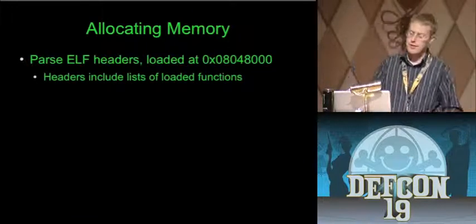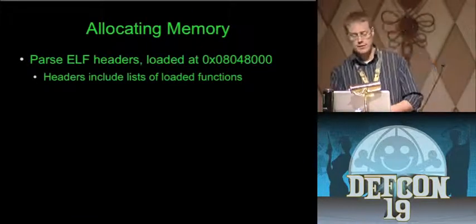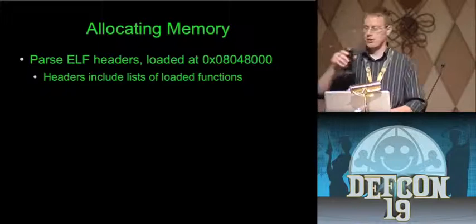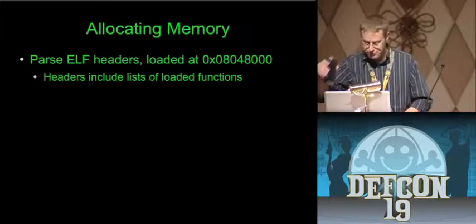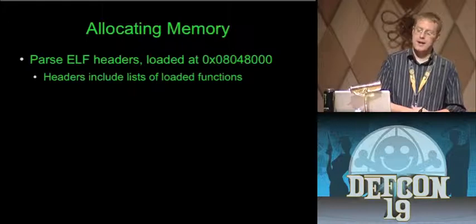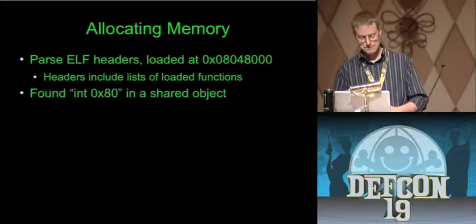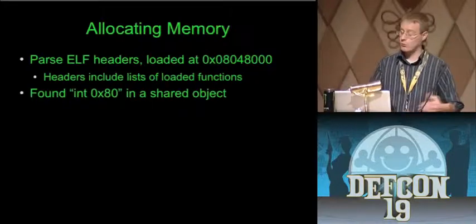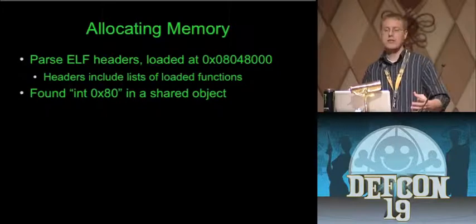So we'll parse through the ELF headers starting at that hex address. The ELF headers include lists of loaded functions. So we found int80 by crawling through all the ELF headers.